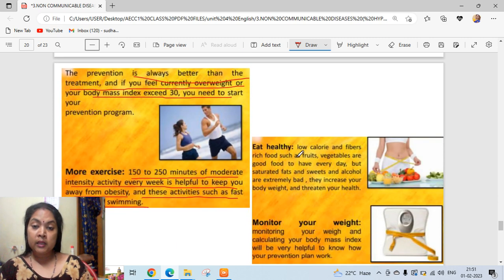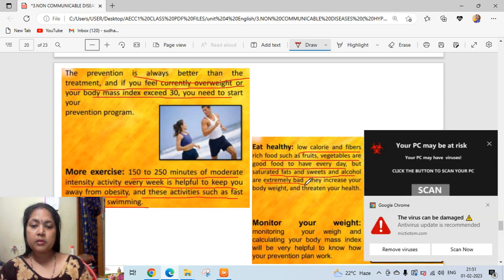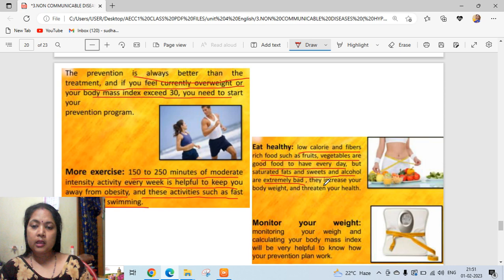Then eat healthy, meaning low calorie and fiber rich food such as fruits and vegetables are good food to have every day. But saturated fats and sweets and alcohol are extremely bad. They increase your body weight and threaten your health.